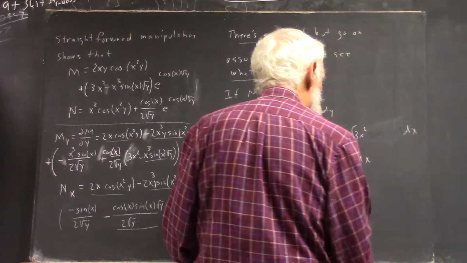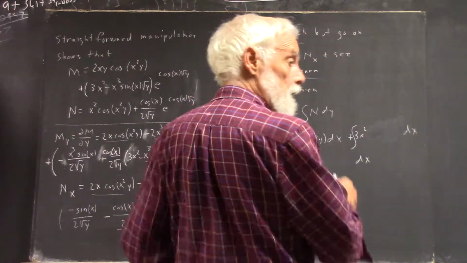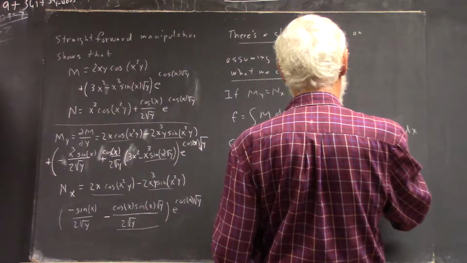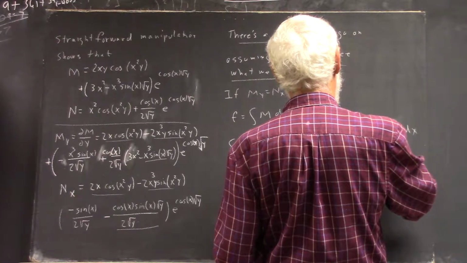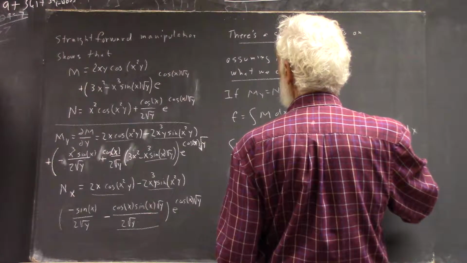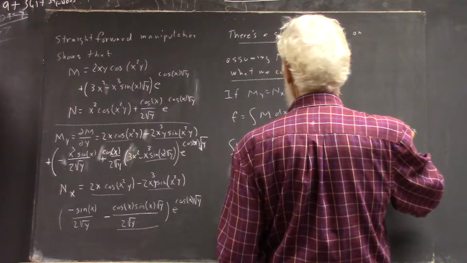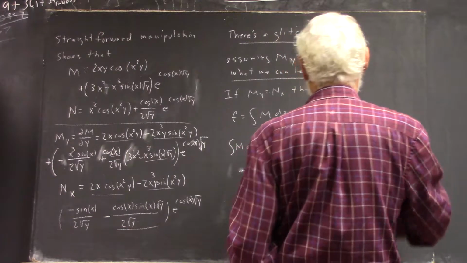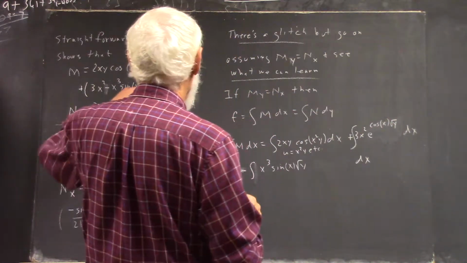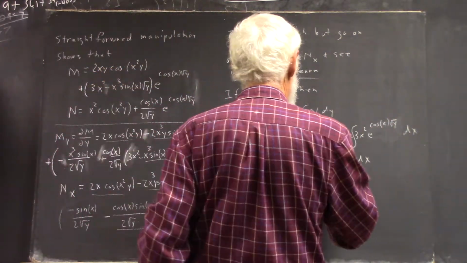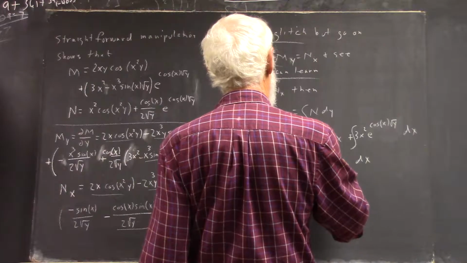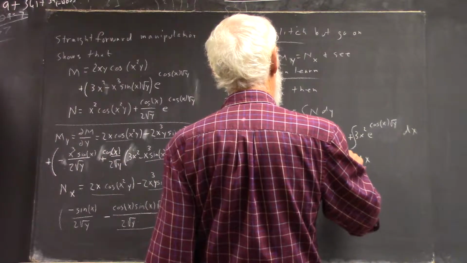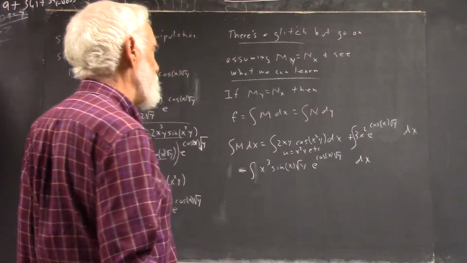So I'm pretending to make these mistakes to emphasize that. Okay, so it's e to the cosine of x square root of y. So I'm looking at this and copying this down, okay? It's e to the cosine of x square root of y.